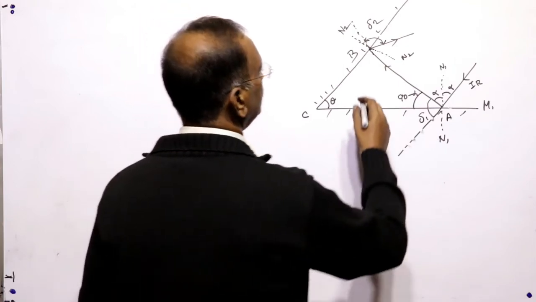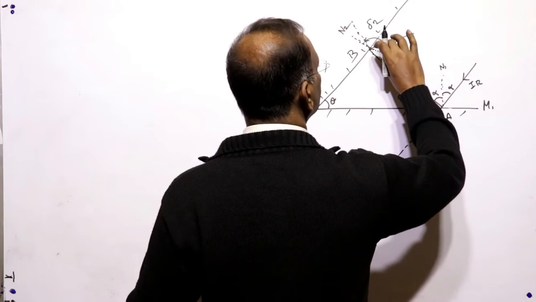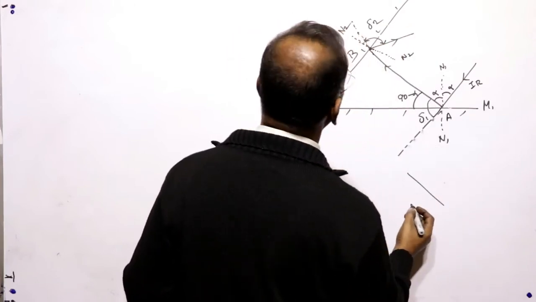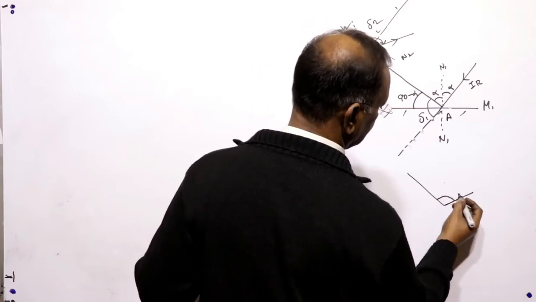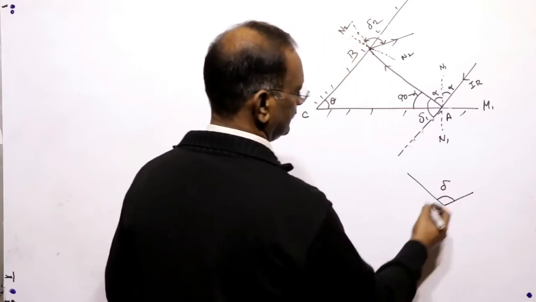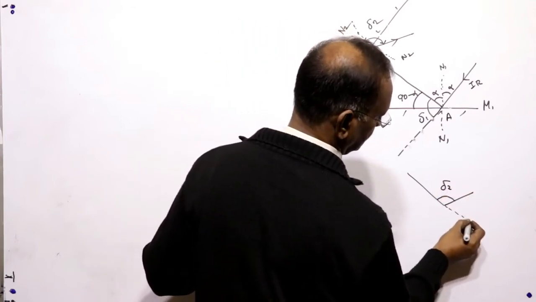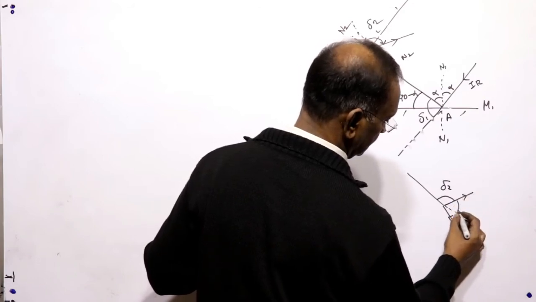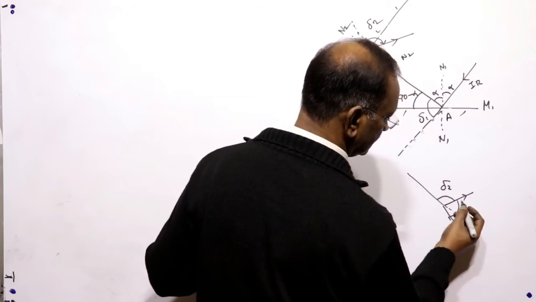It means this will be equal to 180 minus this angle, because the incident ray is like this and the reflected ray is like this. This is the normal. This is the incident and reflected ray. So this is the angle of incidence with respect to the normal, and this is the angle of reflection.